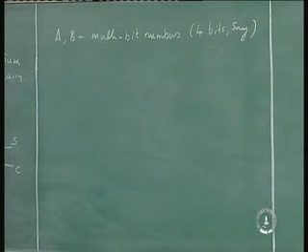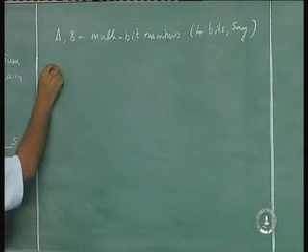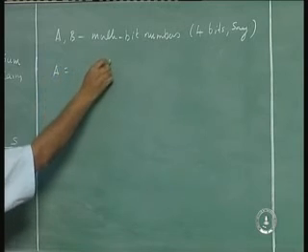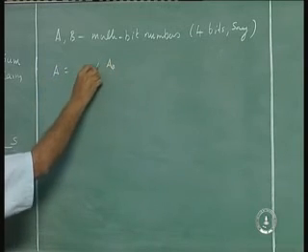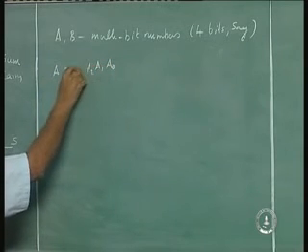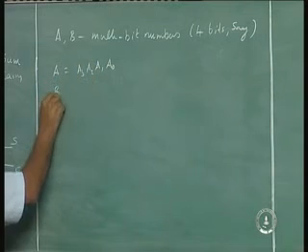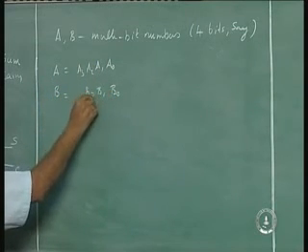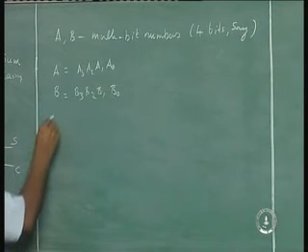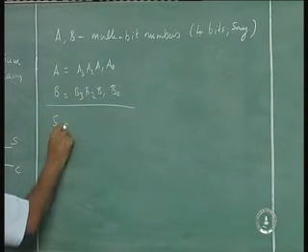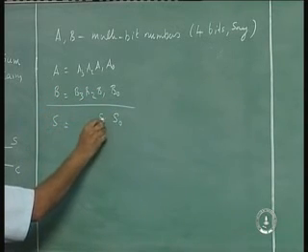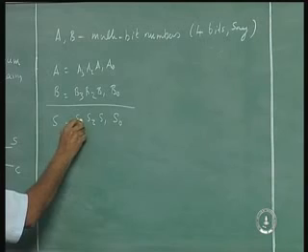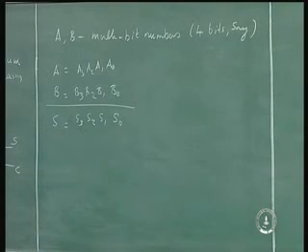So now represent A as A0, the least significant bit, A1, A2, A3, B as B0, B1, B2, B3, and I will have the sum as S0, S1, S2, S3, right?